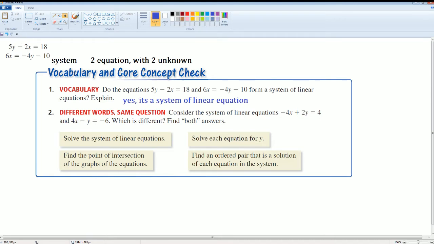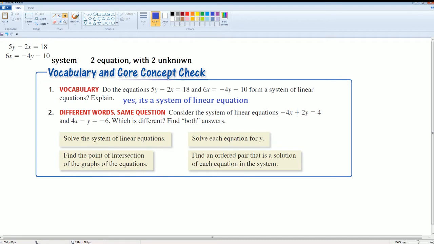Next, consider this system: negative 4x plus 2y equals 4, and 4x minus y equals negative 6. Which one is different? Find both answers. Which one does not belong? First of all, solve the system of linear equations.